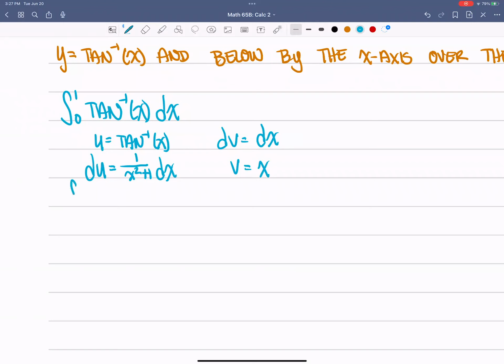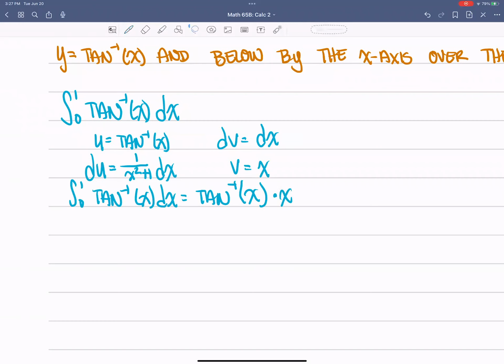So here, the integral from 0 to 1 of tangent inverse of x dx is equal to u times v, tangent inverse of x times x.